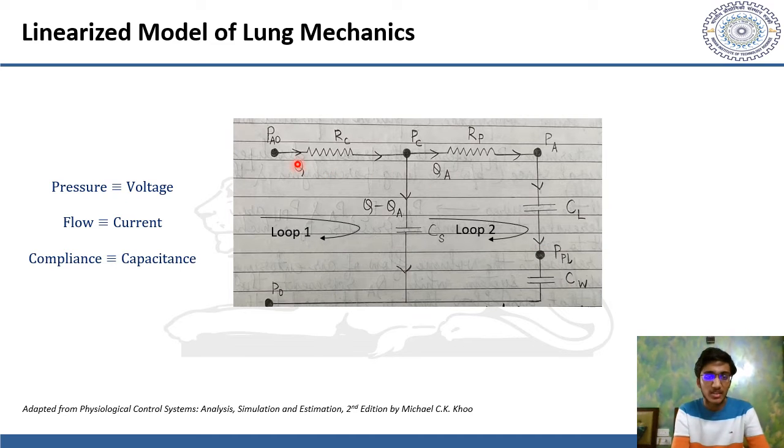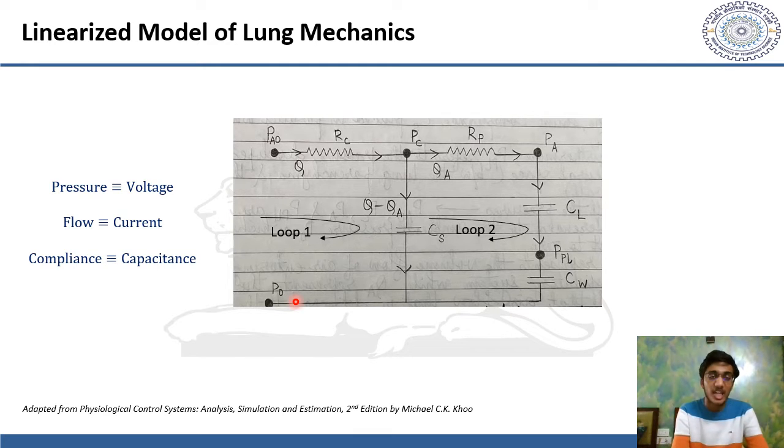Now Q represents the volume flow of air that is entering the respiratory system when PAO is the pressure in the airway opening, and QA refers to the volume flow of air that is delivered to the alveolar sacs. All these pressures, PAO, PC, PA and PPL, are referenced to the ambient atmospheric pressure P0, which we can conveniently set to 0 for a simplified analysis.